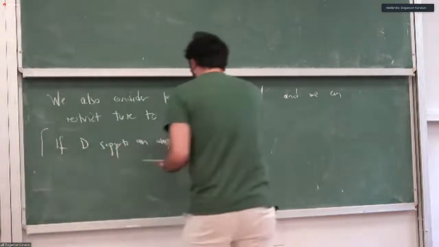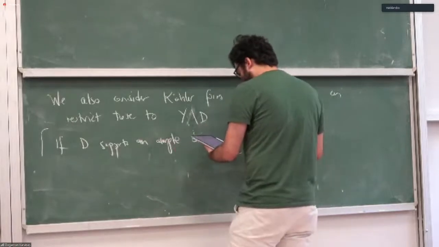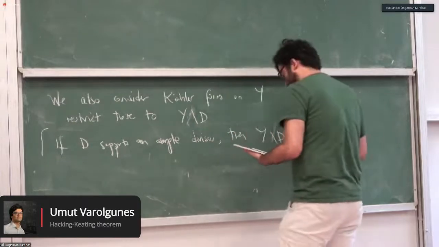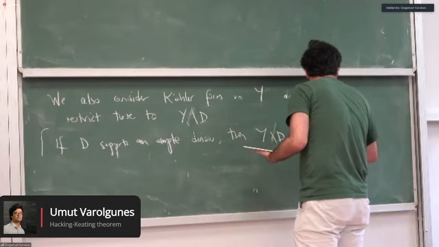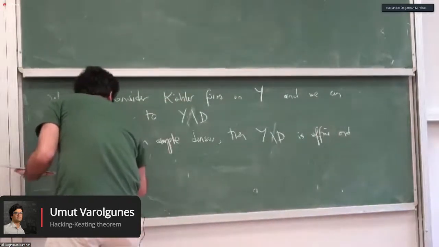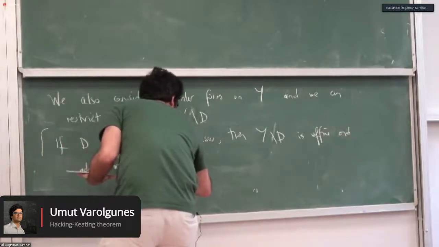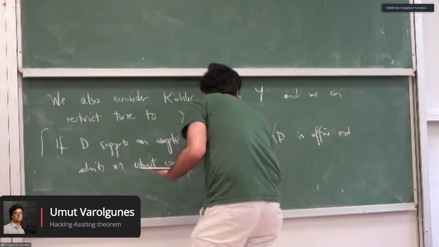Okay, so you don't have to know what this means. Let me just say something. Then Y minus D is affine and admits an almost canonical, as we discussed last time, preferred symplectic structure.